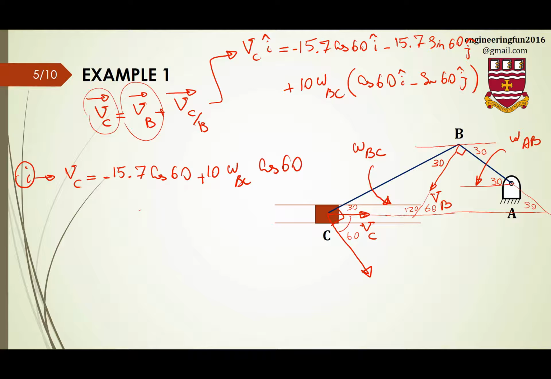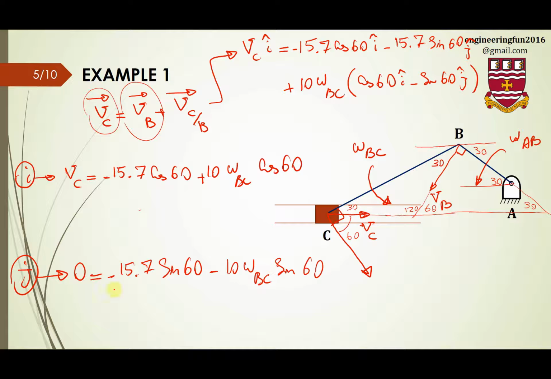So this is for I. We don't have any other I in the right hand side. For the J, in the left hand side, there is nothing, so that is 0. In the right hand side, we have minus 15.7 sine 60 and minus 10 omega BC sine 60.